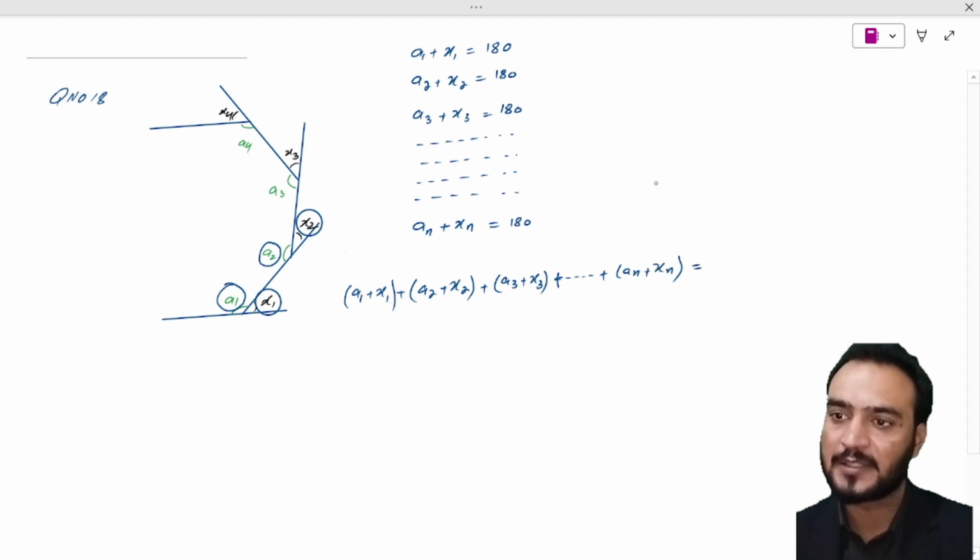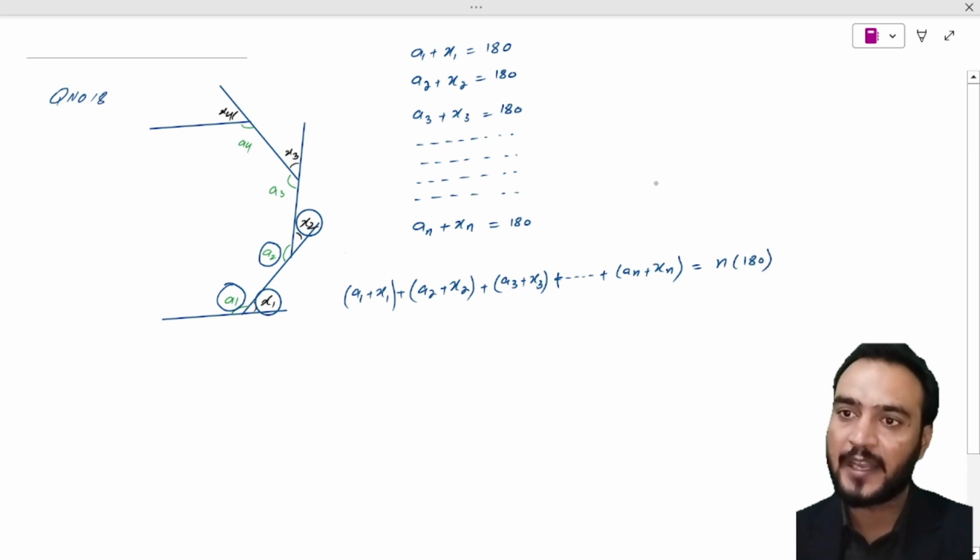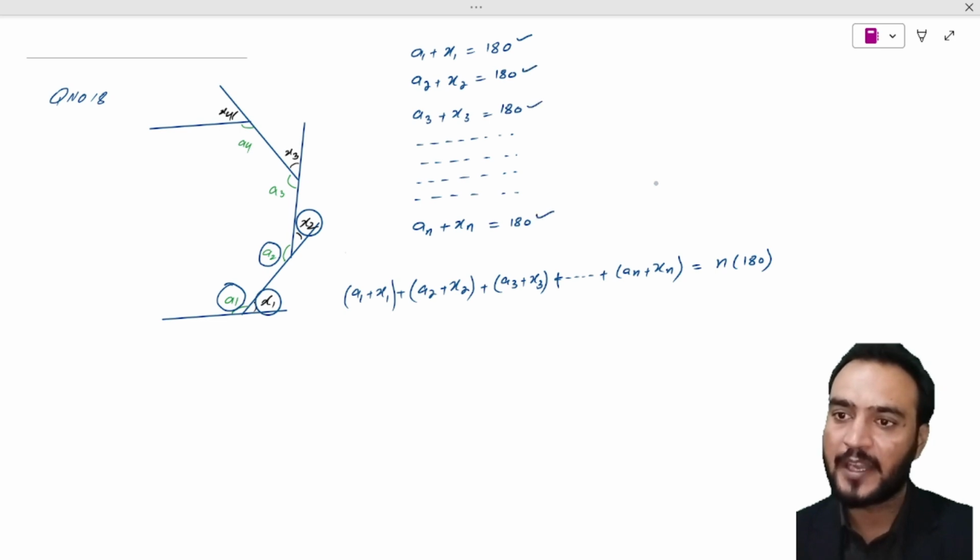Their sum is n times 180 degrees, because every pair is equal to 180 degrees. If we add these 180s n times, we get n into 180 degrees as the answer.